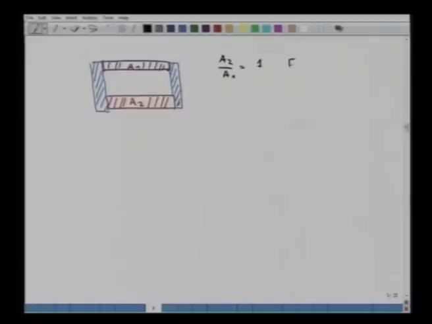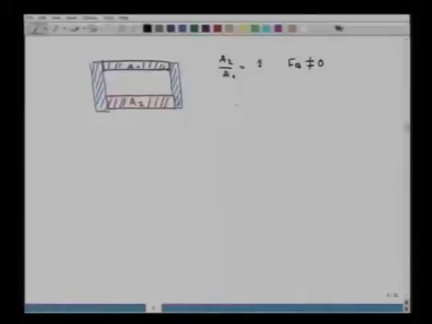But here FB is not equal to 0 because of the arrangement of the two surfaces. Therefore, it is equally important how the two surfaces are arranged in order to get the beneficial effect of the refractory surface.